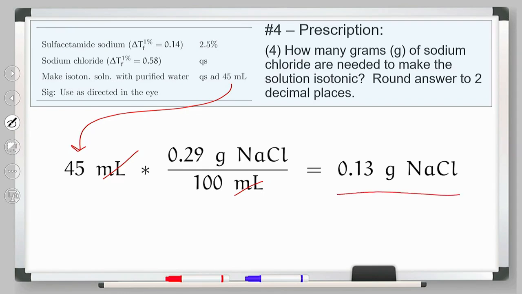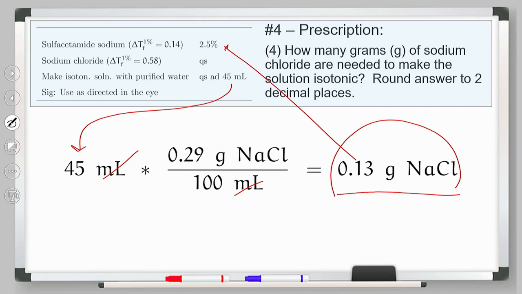This is kind of cool. Would you agree? I know that if I dissolve 0.13 grams of sodium chloride, or I weigh that amount, and I weigh it with my required amount of sulfacetamide, I'm sorry, I'm making this bad. The weight of the sodium chloride, 0.13 grams, with the weight of the sulfacetamide combined together and dissolved in a total of 45 milliliters produces an isotonic solution that has the therapeutic concentration of sulfacetamide I need of 2.5%.